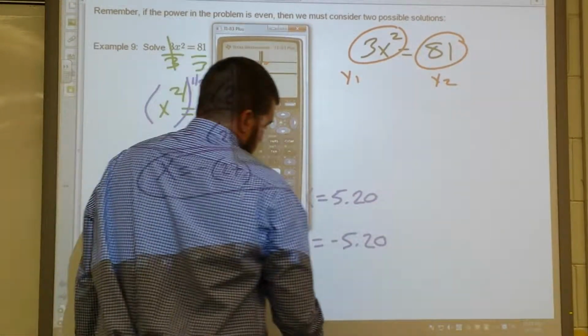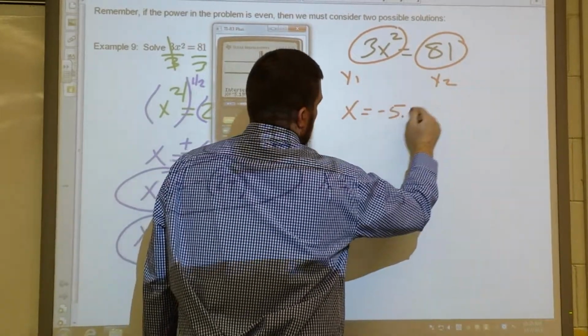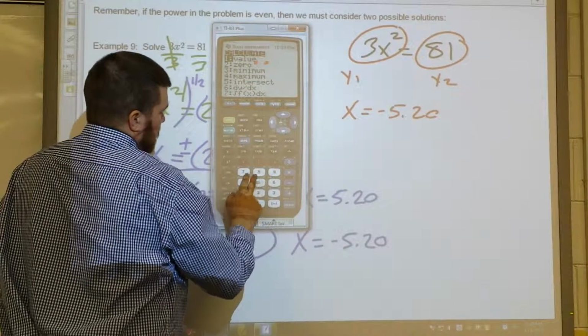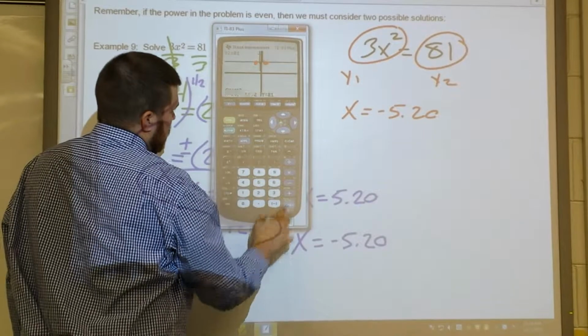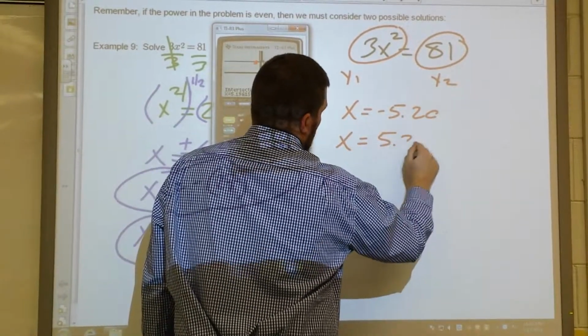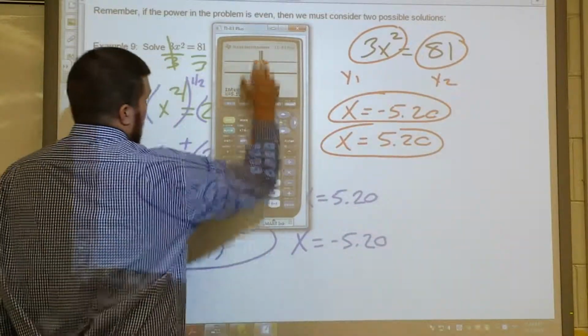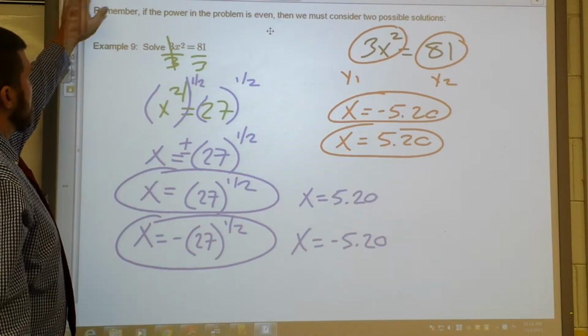Okay, so I have negative 5.20. Now find the other point of intersection. Second calc, option 5, first curve enter, second curve enter, and guess. I get positive 5.20. So we did it two ways. We did it by hand and by graphing, and we got the exact same answer, so everything's good.